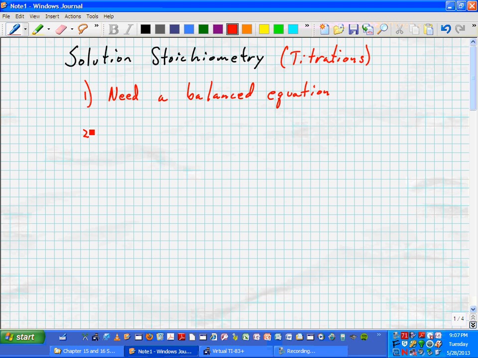Start, or yeah, let's do this. Just like I've been saying, use a volume for your given. Preferably one that you can convert. In other words, one that you have a concentration for.